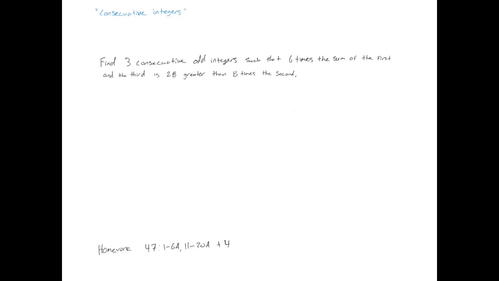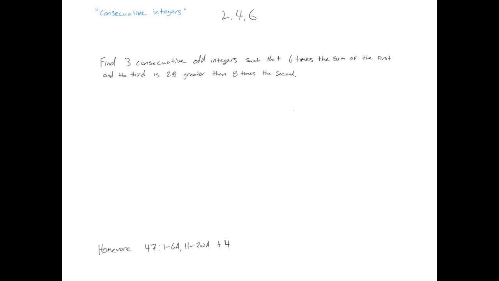So when we say consecutive integers, we're talking about integers that are next to each other. Now, sometimes in these problems they'll say consecutive odd integers or consecutive even integers. Consecutive even ones would be like 2, 4, 6, because those are the integers that are even, that are next to each other. So just make sure you understand what's going on.